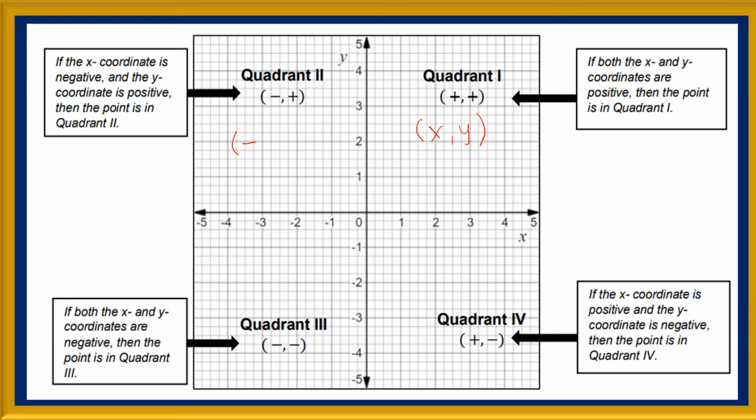So, therefore, we have negative x and positive y. Kapag naman ang ating point ay nag-lie sa ating quadrant 3, parehas na negative yung magiging sign natin. So, we have negative x and then negative y. Kapag naman ang point natin ay nasa quadrant 4, isang positive at isang negative ang kanilang magiging sign. So, therefore, we have positive x and then negative y.